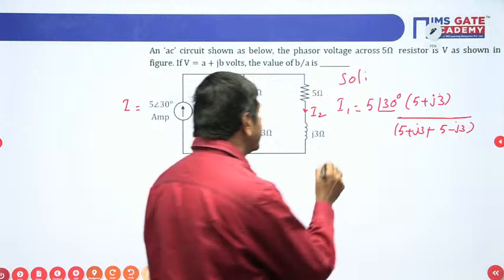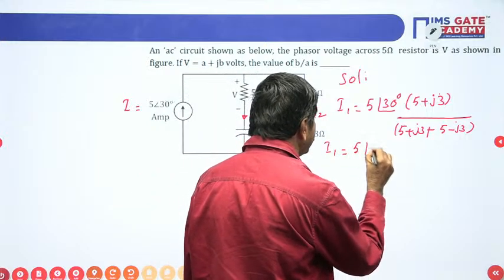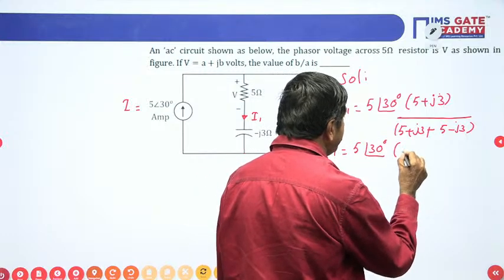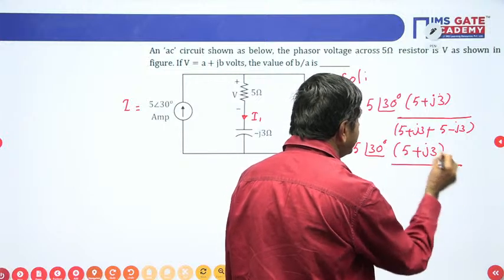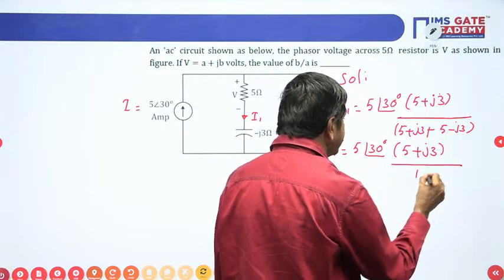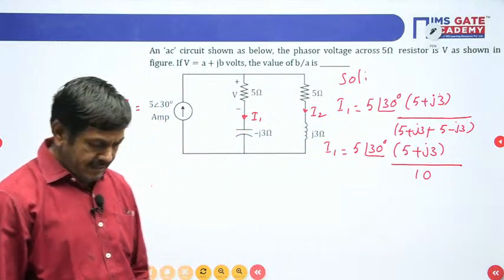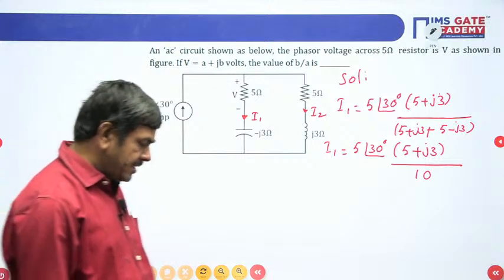On simplification I can get this I1 like this: 5 at an angle of 30 degrees, into 5 plus J3, divided by 5 plus J3 plus 5 minus J3, where J3 cancels. I will get the 10 only here. Finally, on simplification, what answer can I get here?